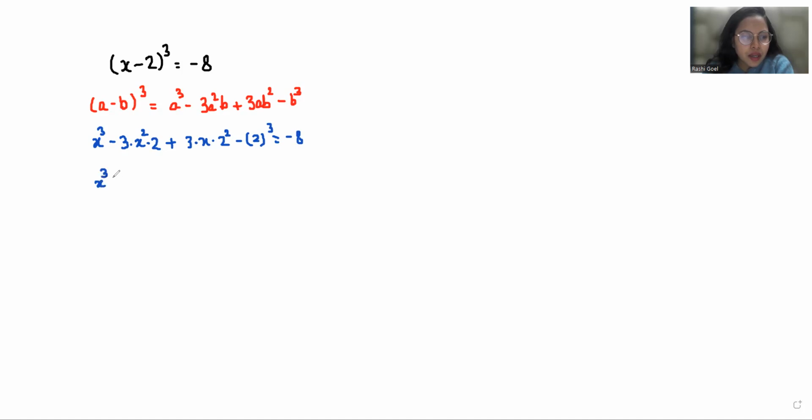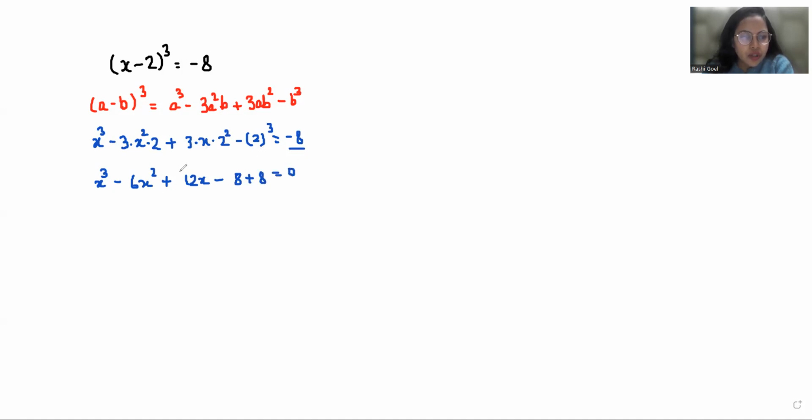So it becomes x cube minus 6x square plus, 2 square is 4 and 4 times 3 is 12x, minus 8. And if we take this 8 to the other side, positive 8 is equals to 0.